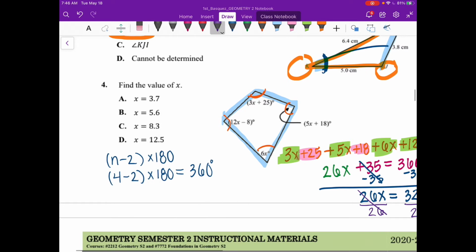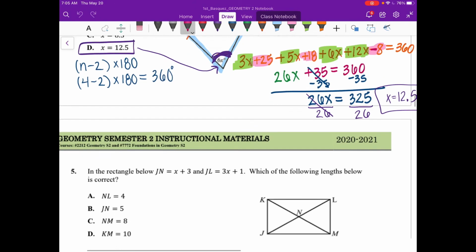And this problem is asking me to find just the value of x, so that's why the answer is simply D. However, if these angles were labeled, we could also ask you for a specific angle. So if you were to find this angle at the bottom, for example, the 6x, you would simply substitute and get an exact answer for that angle. But in this case, we are just solving for x, so we are done with this problem.